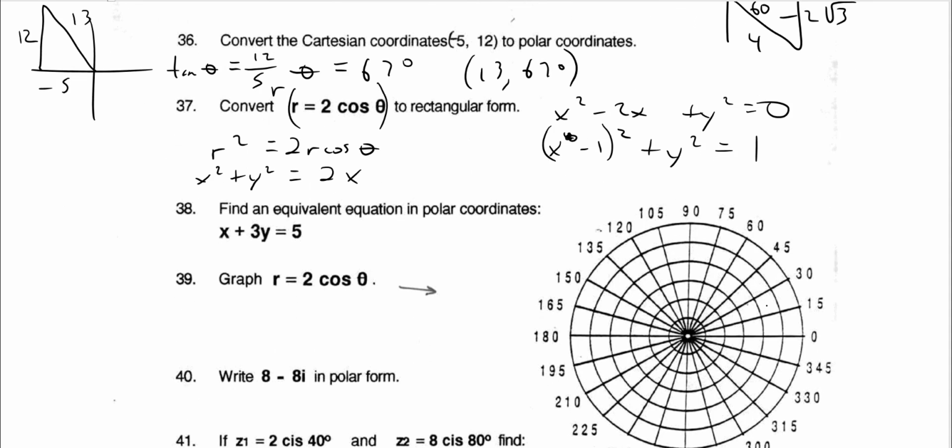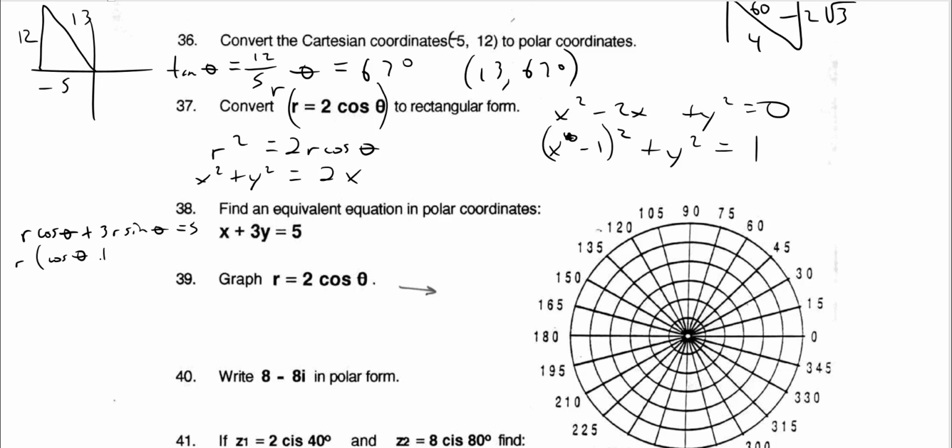Now they're asking that x plus 3y equals 5, to convert that into polar. So of course x is r cosine of theta. So we have r cosine of theta plus 3r sine of theta is equal to 5. I'm going to factor out an r.